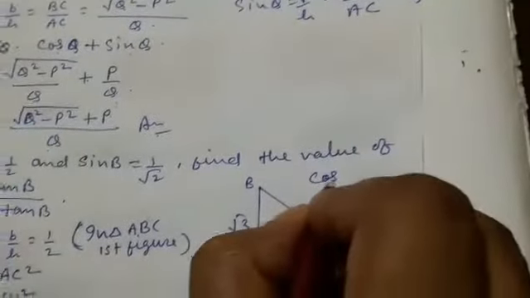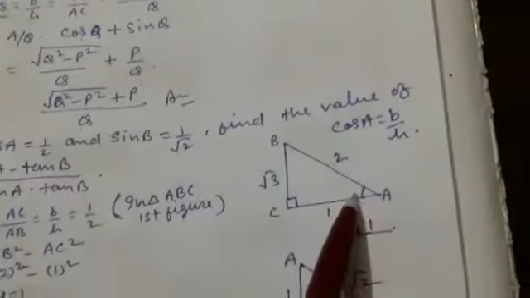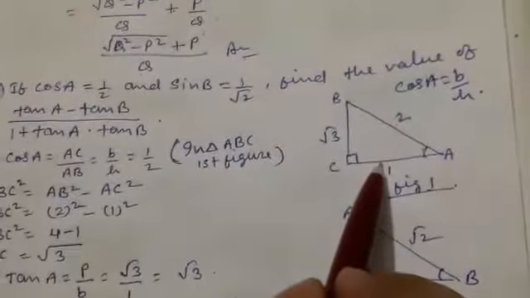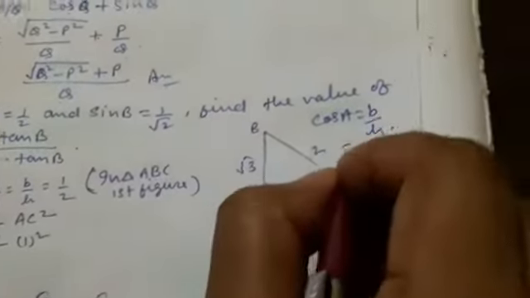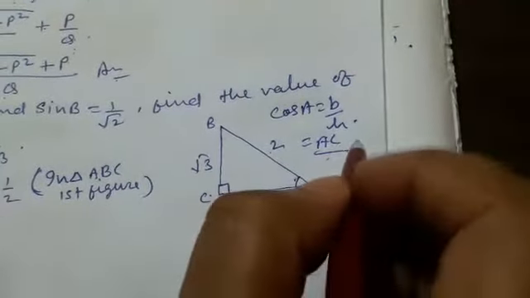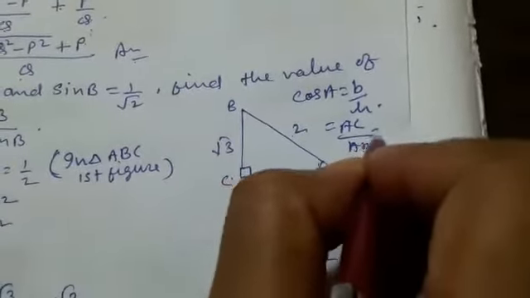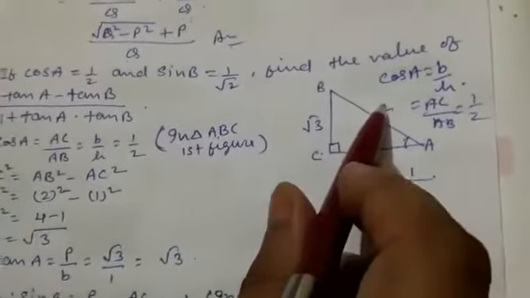So in the question it is given cos A. Cos A is equal to B by H. So what is B? According to this angle, this will be B, means AC by AB. So the value is given, 1 by 2. 1 by 2 means this is 1 and this is 2.